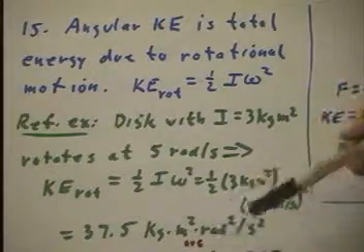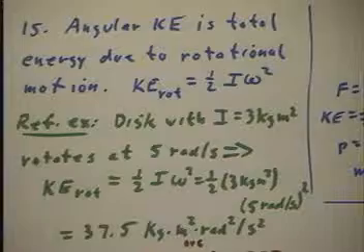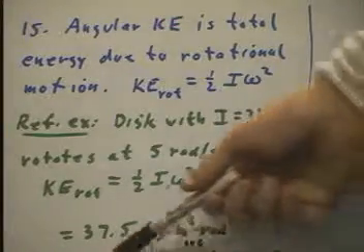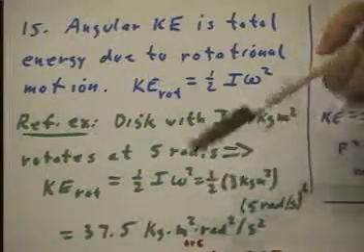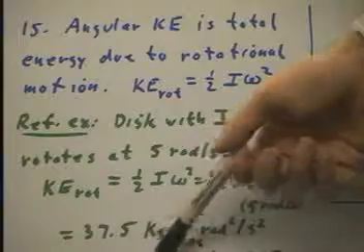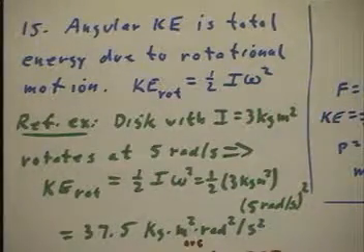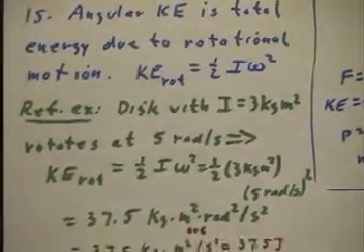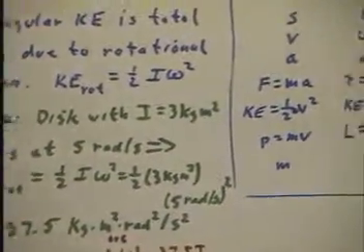Because, of course, a radian is the angle such that a meter of arc corresponds to 1 radian angle. So the radian squared can simply go away. If you're curious about why radians go away sometimes and why not, this is one way of explaining it. So we have kilogram-meter squared per second squared, or joules. And of course the units are exactly what we used here, kilogram-meter squared per second squared, or joules.